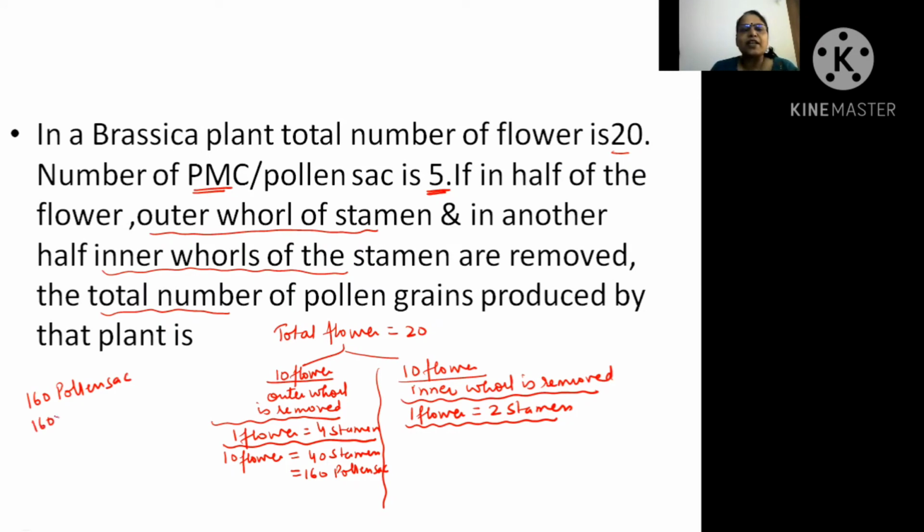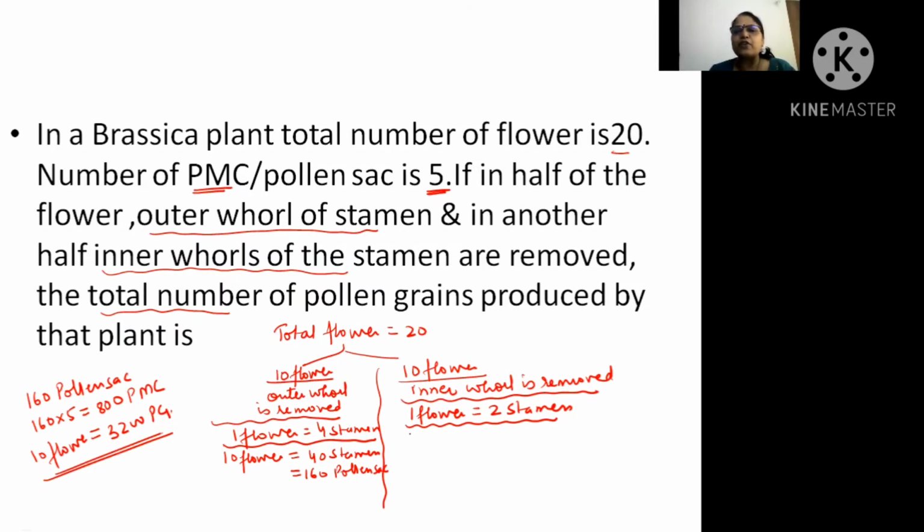So 160 into 5. 800 PMC. Is it clear? It is 800 PMC. And you know very well 1 PMC gives rise to 4 pollen grain. So 800 will give rise to 3200 pollen grain. So from the 10 flower here, 10 flower will produce 3200 pollen grain.